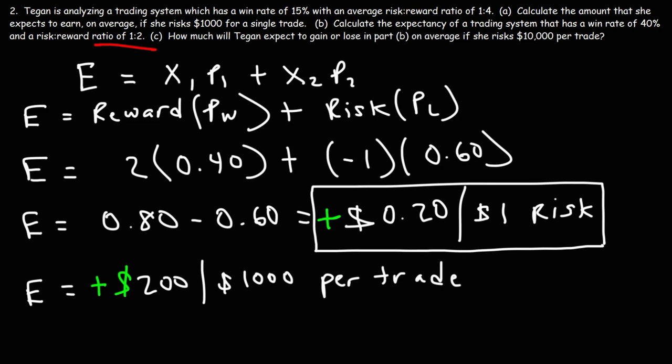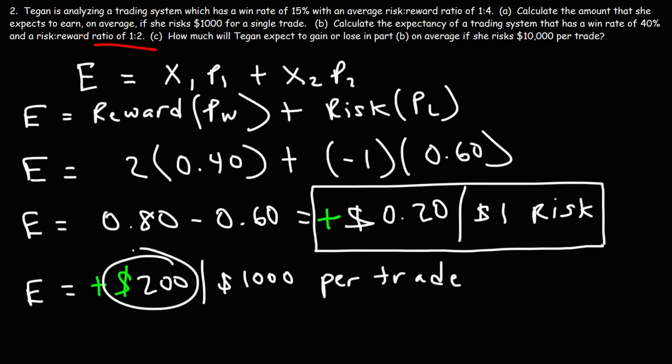That's how you can analyze the expectancy of a trading system to see if it's good or bad, by knowing the risk-reward ratio and the probability of winning using that trading system over the long run. Now let's move on to part C. How much will Tegan expect to gain or lose in part B if she risks $10,000 per trade?